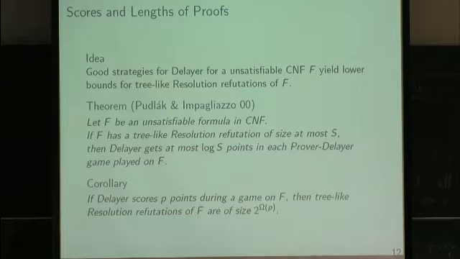Now we use the contrapositive to obtain lower bounds for proof systems: if you have a delayer strategy that scores at least P points during any game on F, then tree-like resolution proofs must be at least this big.